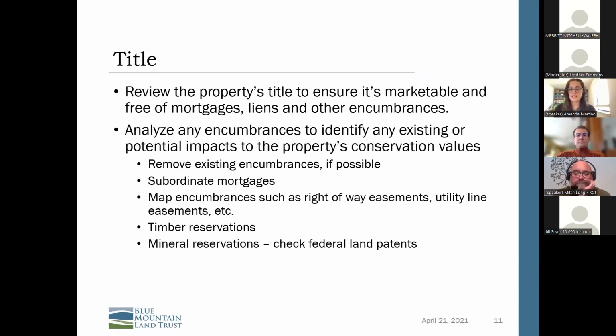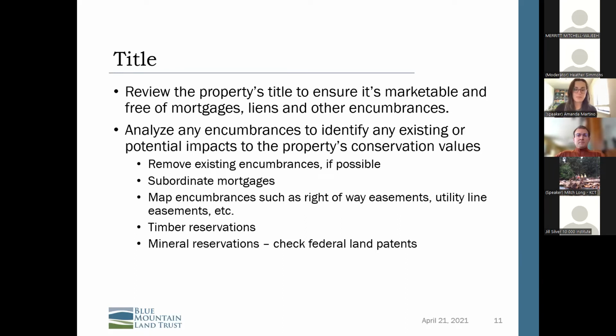If there is an access easement for a neighbor to drive through the field, is that going to impact your restoration or conservation values? There might be mineral reservations or timber reservations. And so we look at all of those title encumbrances, and remove any if possible that may impact the conservation values.